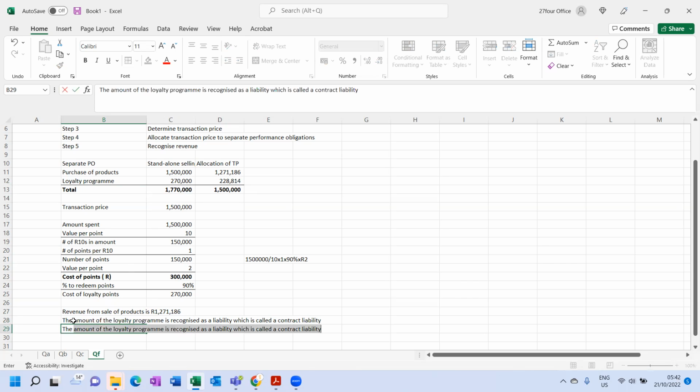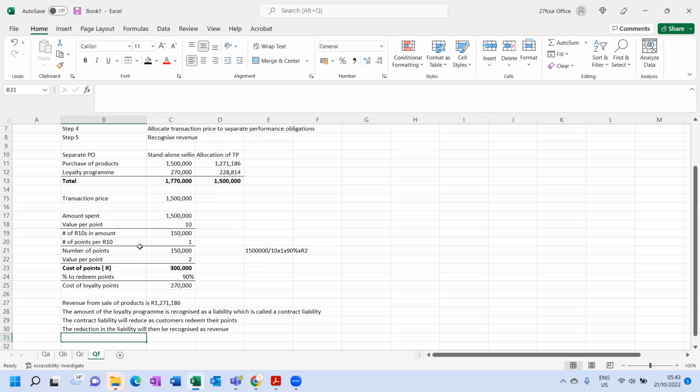The contract liability will reduce as customers redeem their points, and the reduction in the liability will then be recognized as revenue.